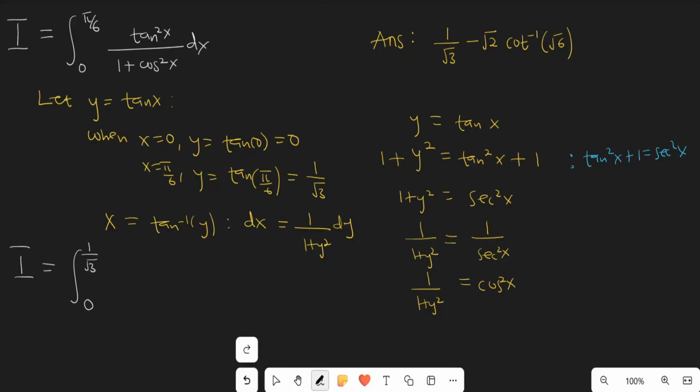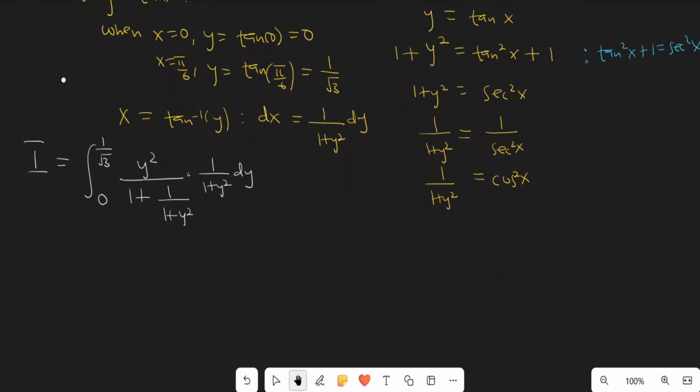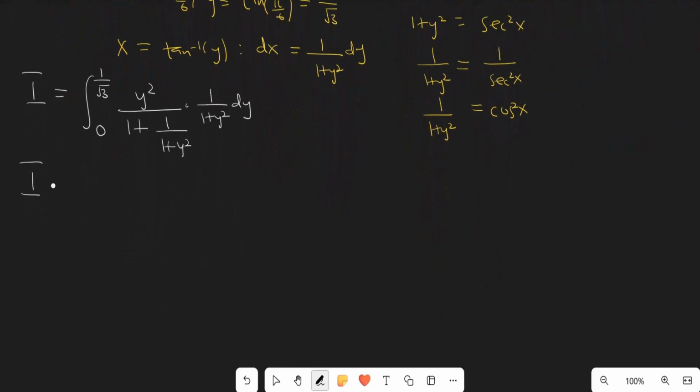So if tan of x is y, then tan squared of x is y squared, divided by 1 plus y squared, times the cosine squared of x, which is the same as 1 all over 1 plus y squared, times dx, and then dx is the same as this guy, right? 1 all over 1 plus y squared, and then dy. Substitution is now in the y world for our integral.